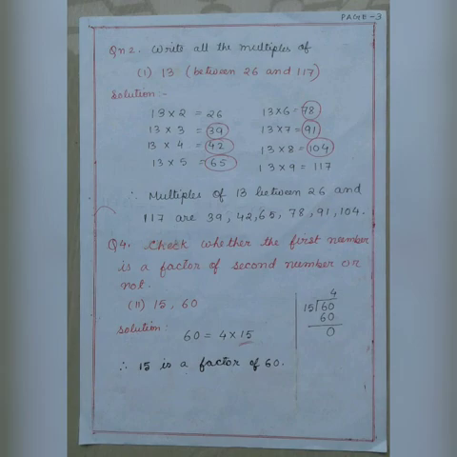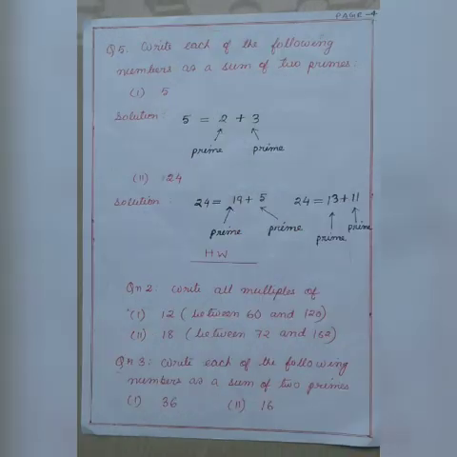Therefore 15 is a factor of 60. Now question number 5. Write each of the following numbers as a sum of two prime numbers. So question number 1, I have taken 5. So you have to show 5 as the sum of two numbers which are prime numbers.